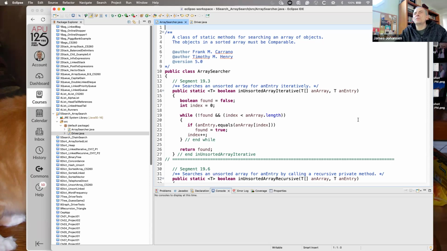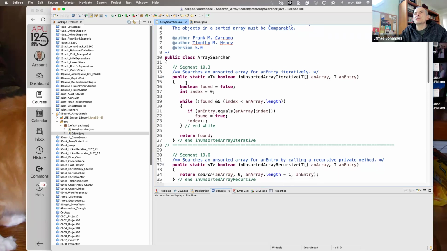What we do is we initialize the Boolean return to false and the index to 0. As long as it's not found, so this would still be true, and the index is less than the array length, we continue to do this built-in function here: does an entry equal an array index? If it does, then it's going to be true.